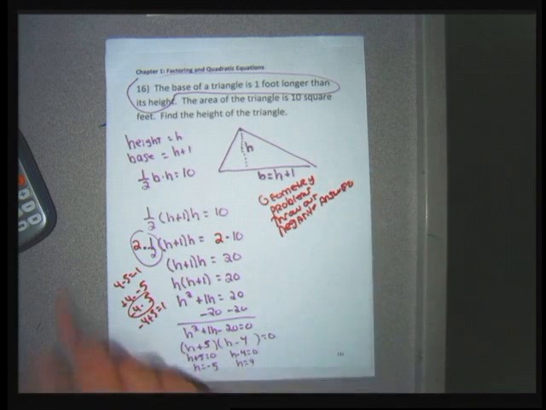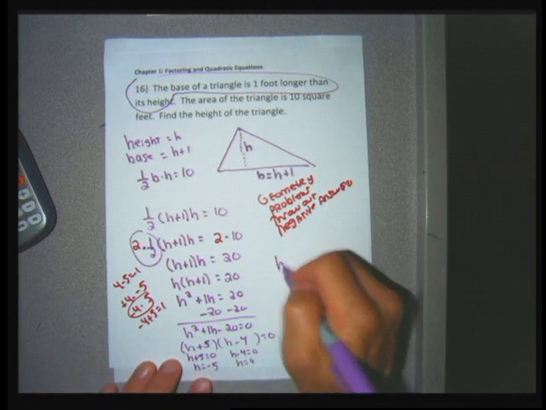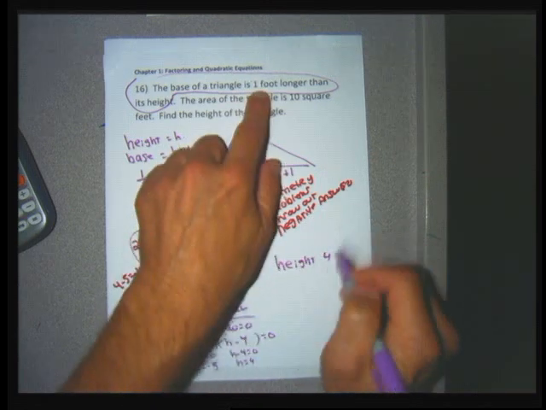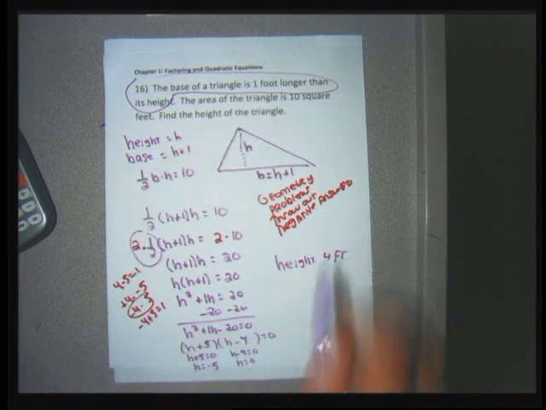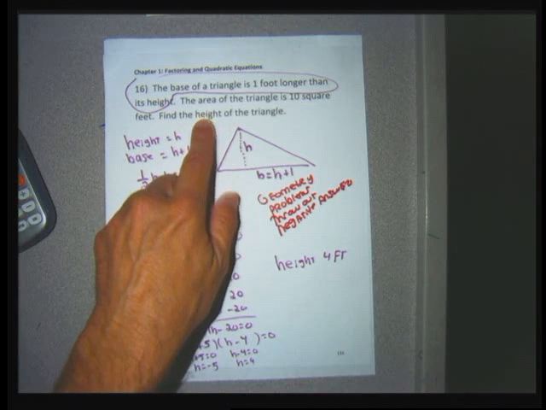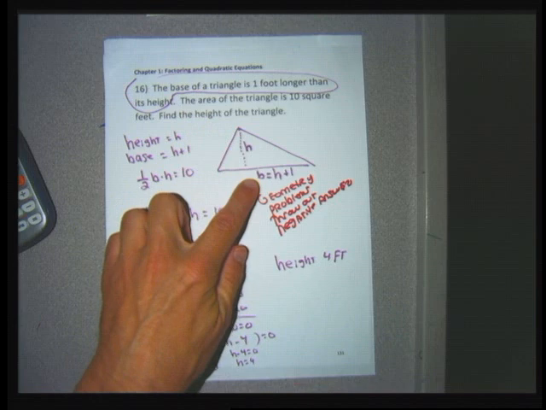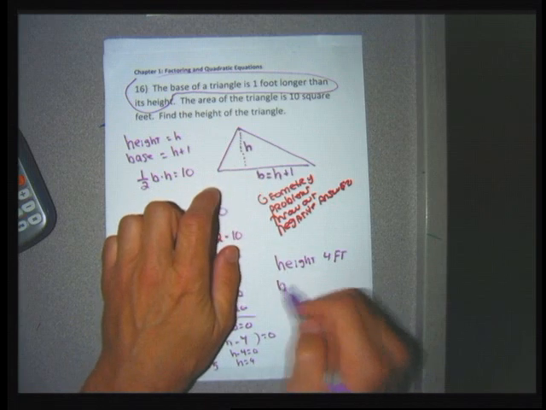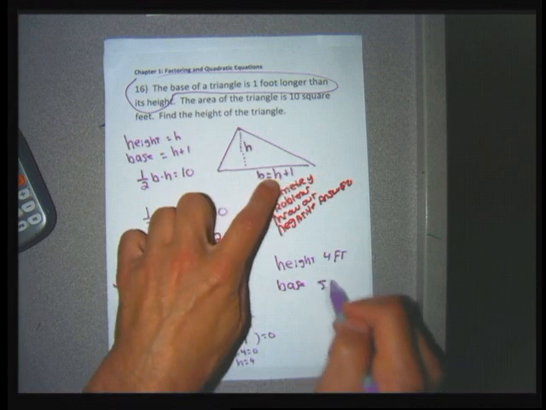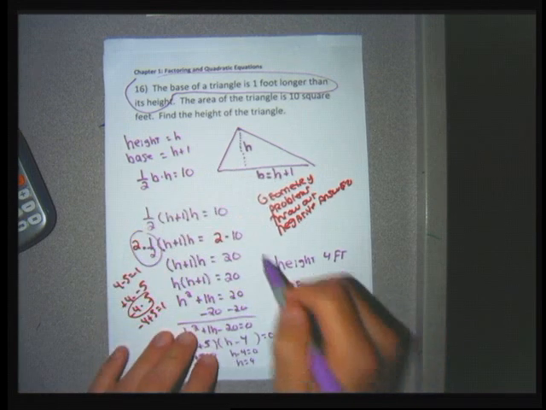So for this problem, the algebra tells me that the height is 4, and then I'm going to put feet. Turns out that that's all this asks for. If I didn't read close enough, I was getting ready to say what the base is, and I wouldn't care if you said the base is 4 feet plus 1 foot is 5 feet. It's not asked for, but I don't care.